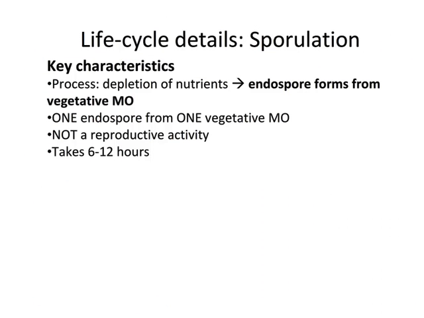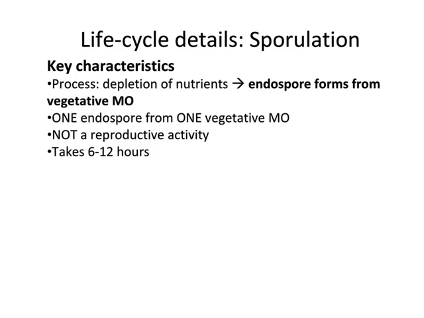Let's look at a few details of sporulation. Remember, that's the formation of an endospore. We talked about conditions being depleted of nutrients. That's when an endospore forms from the vegetative microorganism. It's really important to know, and sometimes confusing to people, that one endospore forms from one vegetative microorganism.